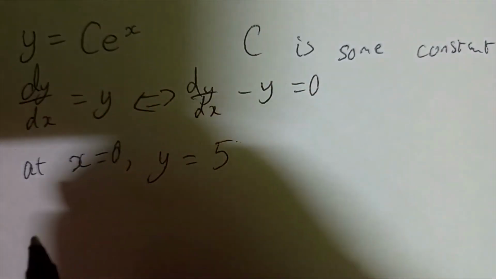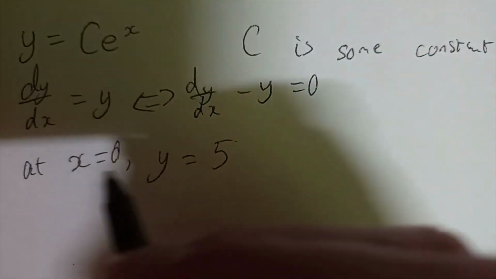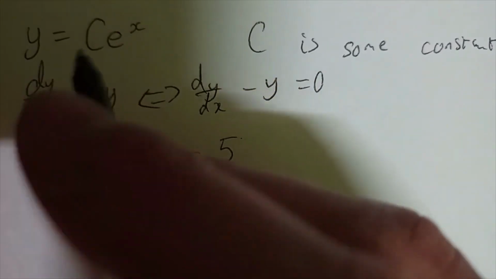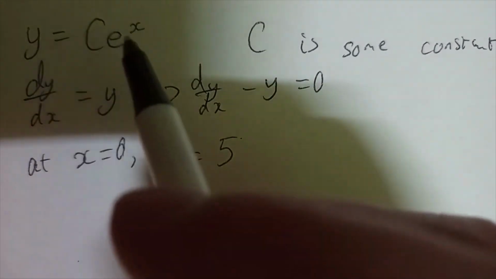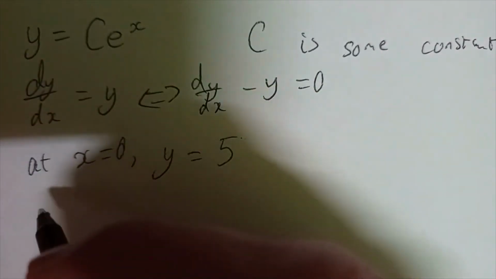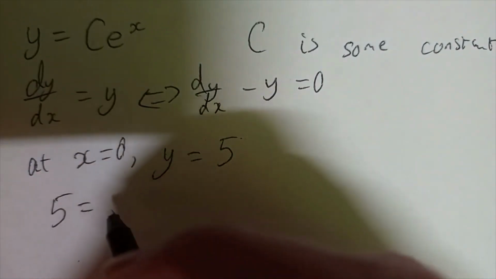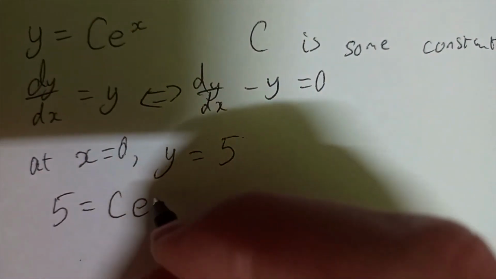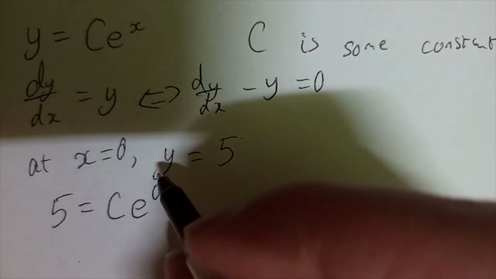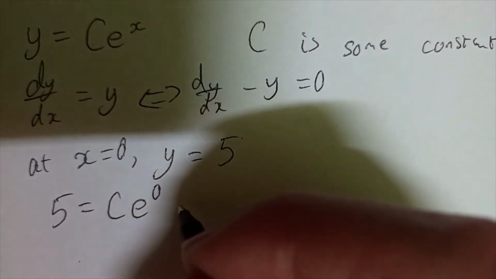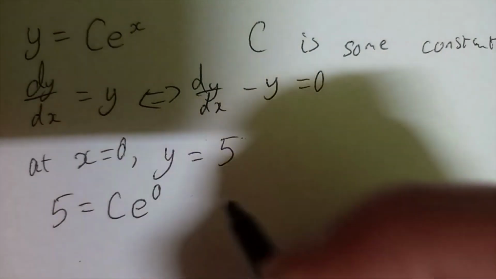condition. So if x equals 0, y equals 5, we can just substitute that into this solution to the differential equation, this general solution, and we'll get 5 equals c times e to the power 0. Now e to the power 0 is just 1, so that gives us that c equals 5.